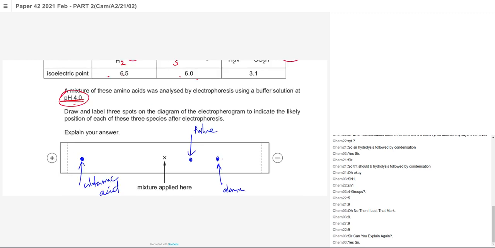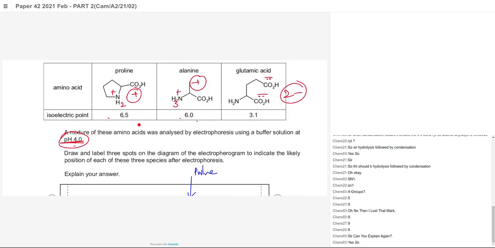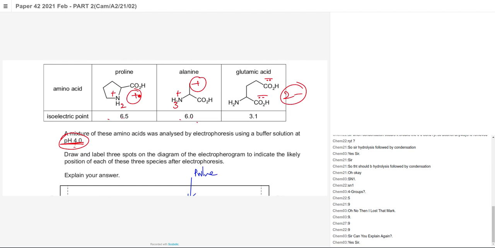Let's write then. Both proline and alanine will protonate, taking H+ from the buffer solution.